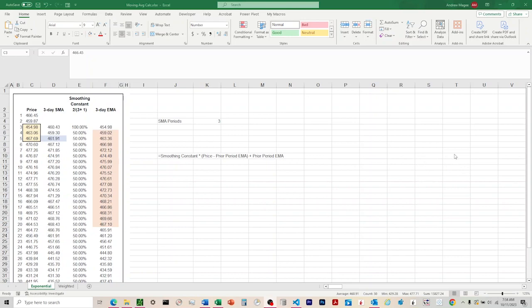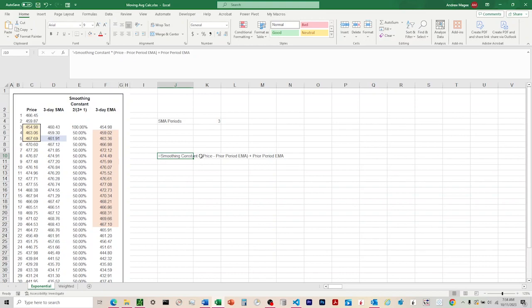So now let's look at how these are calculated. Like I mentioned, the simple is just calculating the current price and the 8 prior numbers, and then dividing by whatever number it is. Exponential is a bit more involved, and the weighted is a little more difficult. And so this right here is the formula for the exponential.